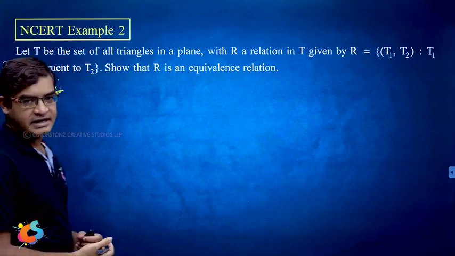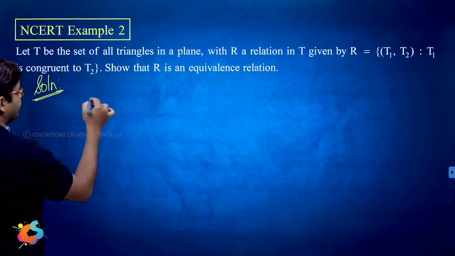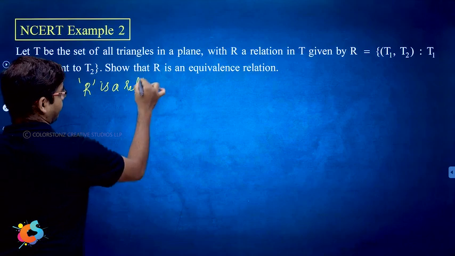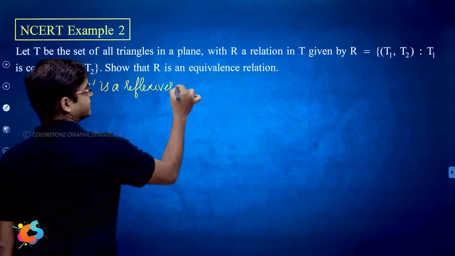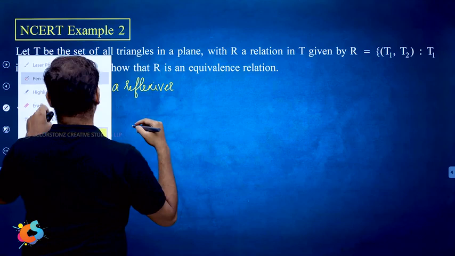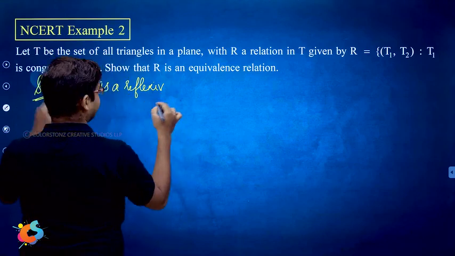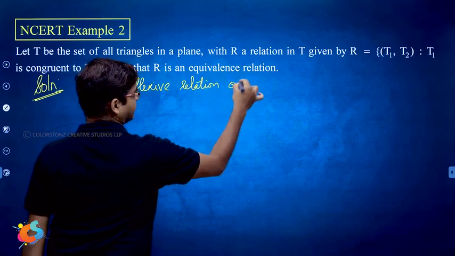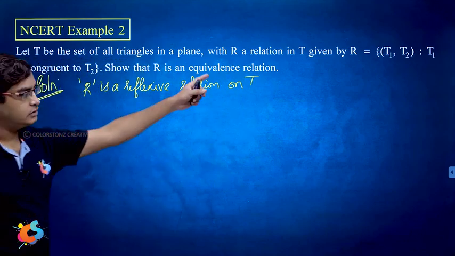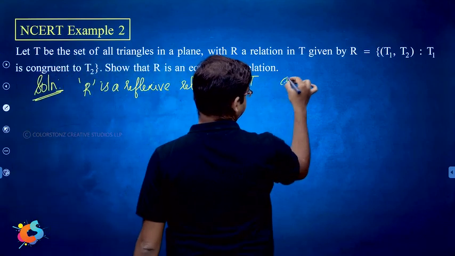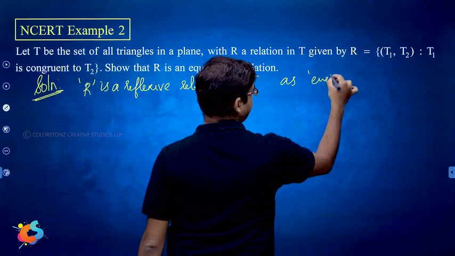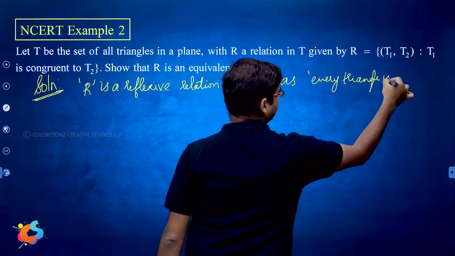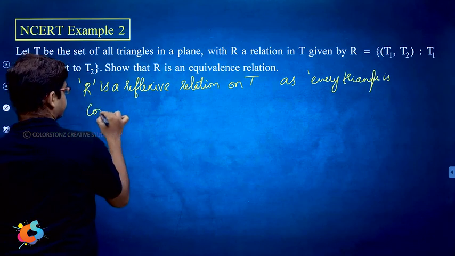Okay. First, let us write for reflexive. So R is a reflexive relation on T, on set of T, because every triangle is congruent to itself.